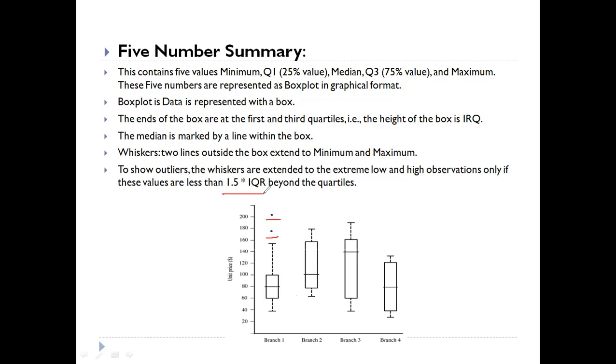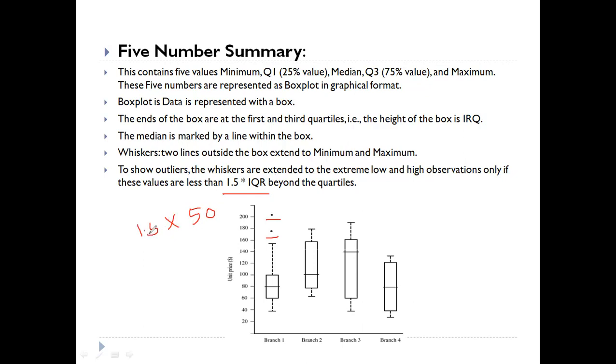This is the formula for the calculation of outliers, that is 1.5 into IQR. The IQR value we have already calculated in the previous example, and that result is 50. 75 minus 25 is equal to 50. 50 into 1.5, like this you need to calculate.